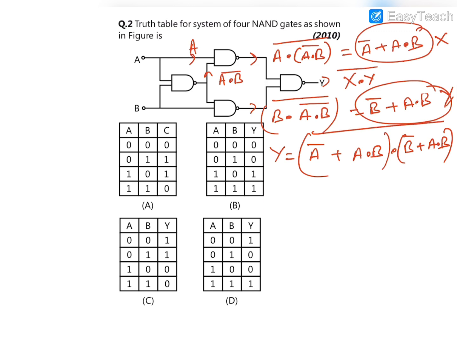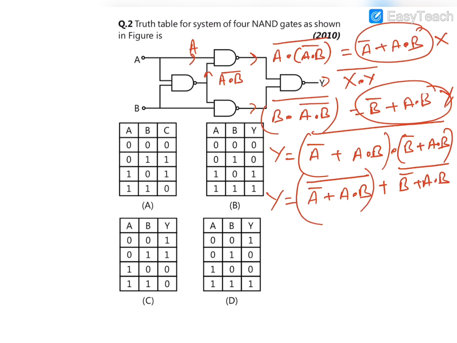So now you can again apply the De Morgan's theorem, and you can say that it would be A bar plus A dot B bar plus with B bar plus A dot B bar.